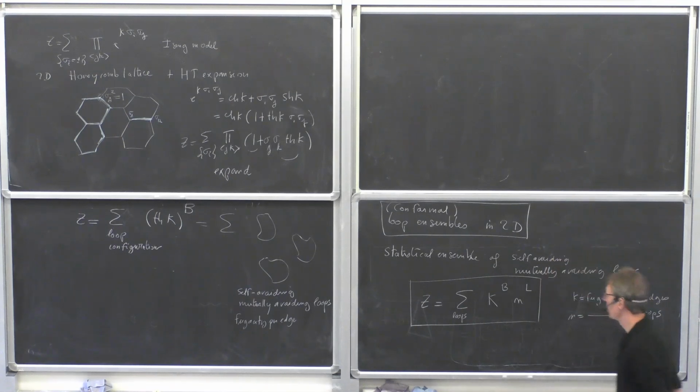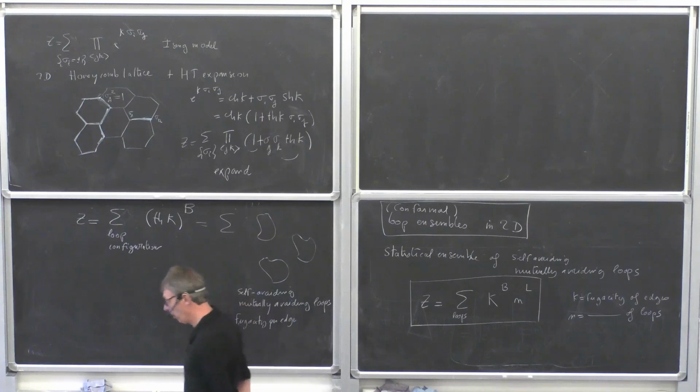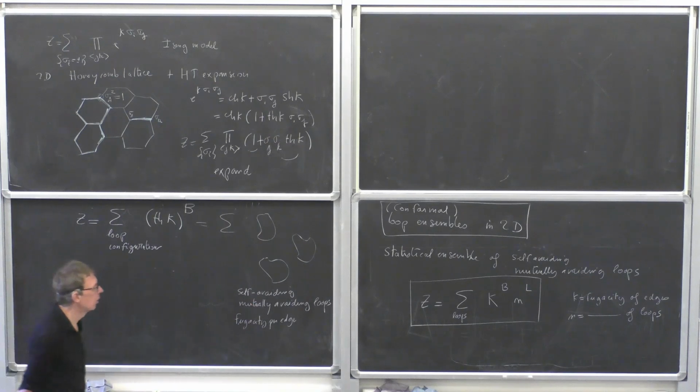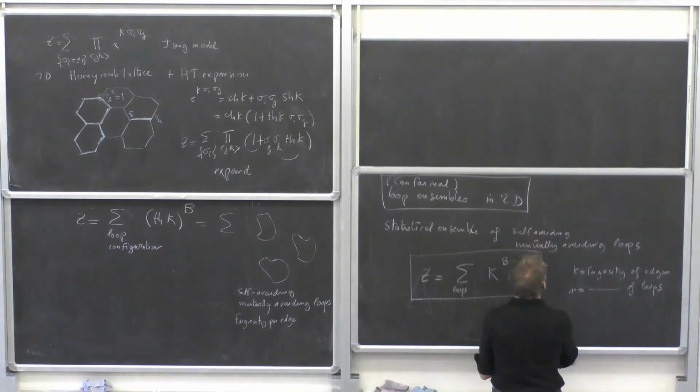Okay, so this is the ground zero. Now, why are these interesting? Why should we worry about loop ensembles as opposed to, say, ensembles of clusters or ensembles of triangles, or you name it? Well, let's think a bit more about our Ising model.